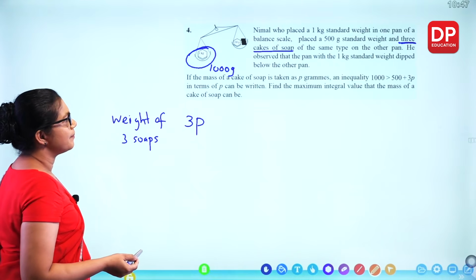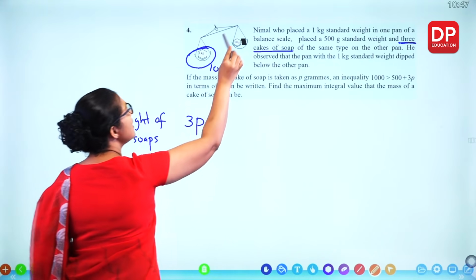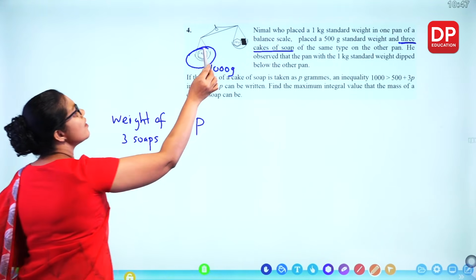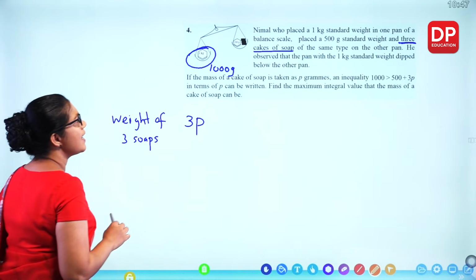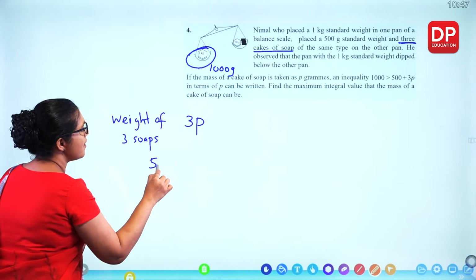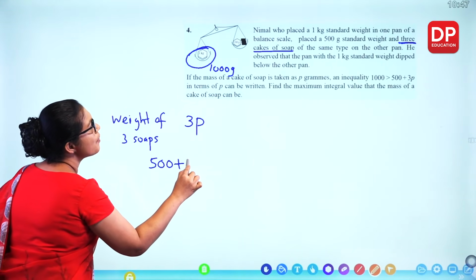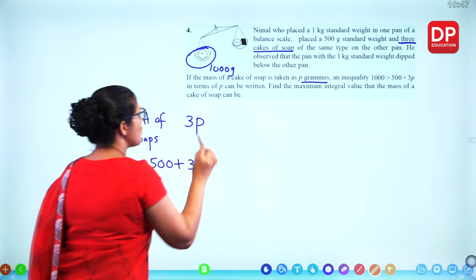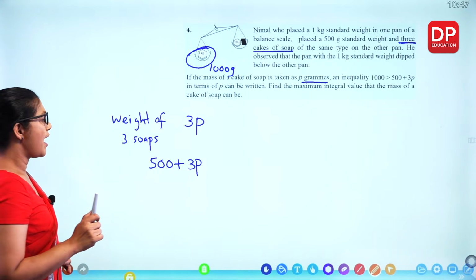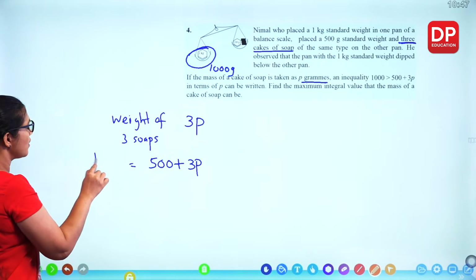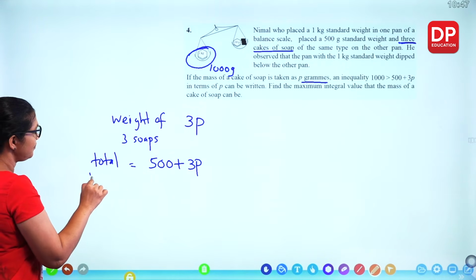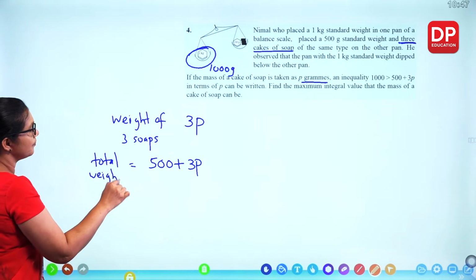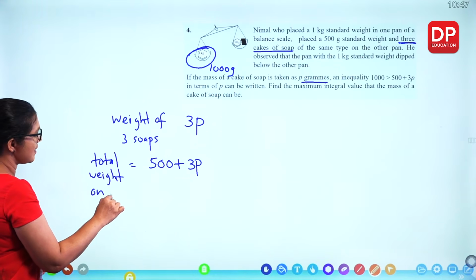Now what's the total weight on this side? On the right hand side, we get 500 and 3P. This is also in grams, since P is given in grams. So here both are in grams, and this is the total weight on the right hand side.